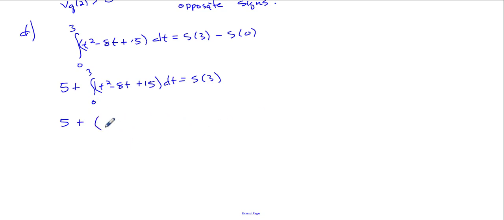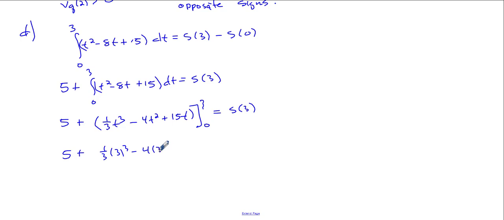That would be t cubed divided by 3, so 1/3 t cubed minus 4t squared, plus 15t evaluated from 0 to 3. That equals our s of 3. Plug in our numbers. 5 plus 1/3, 3 cubed, minus 4, 3 squared, plus 15 times 3, minus 0. I like that one.